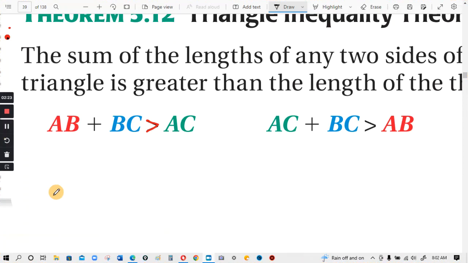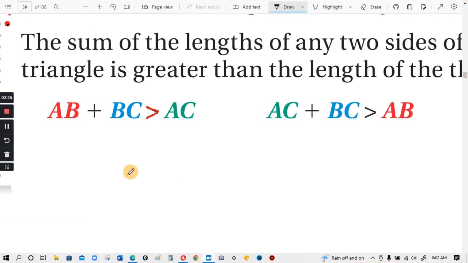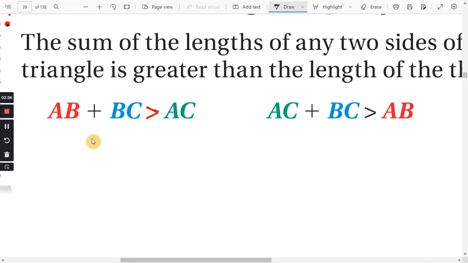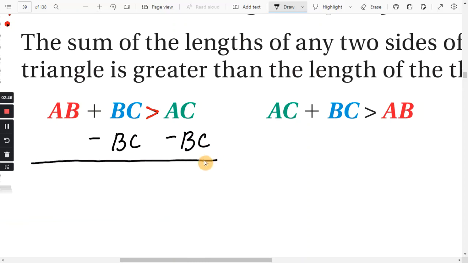Now, if we do a little bit of algebra, we can pretty much make another theorem out of this, okay? On this inequality, I am going to subtract BC from both sides. Okay, I'm doing the same thing to both sides. And as a result, BC minus BC cancels, and I'm left with AB is greater than AC minus BC.